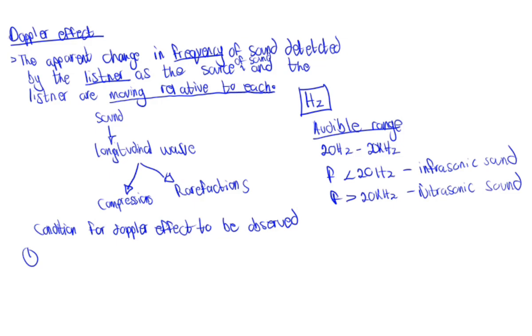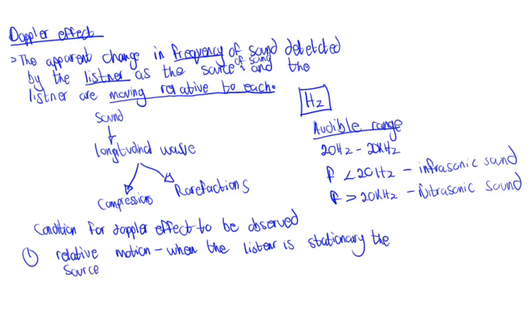What we mean by relative motion is that when the listener is stationary, the source of sound should not be stationary, or rather the source of sound should be moving.